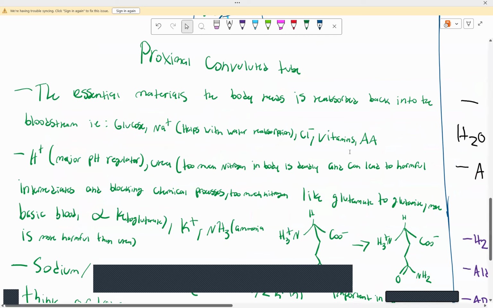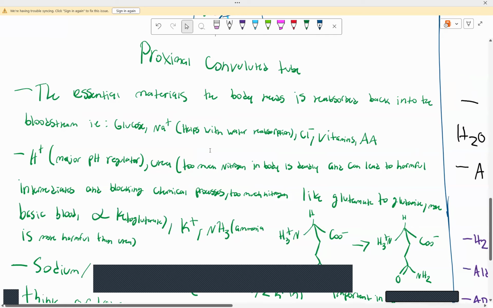It's stuff that had no choice but to be forced into the filtrate in the nephron. So this is the first pit stop. The body's like, I don't want to lose that because it's necessary for the body to function, so it gets reabsorbed.